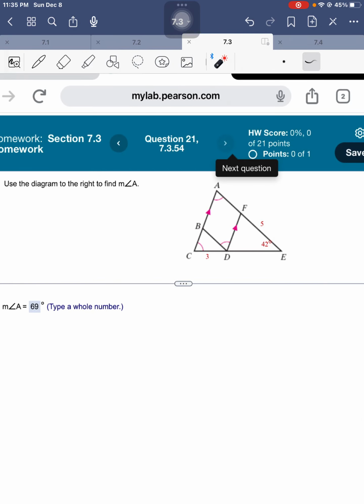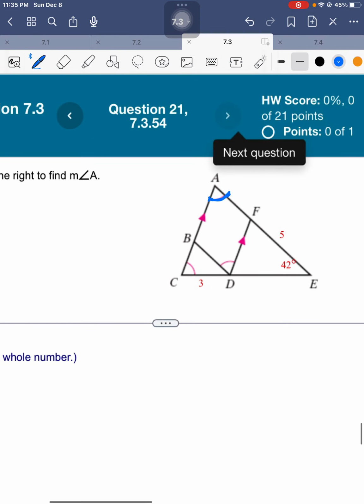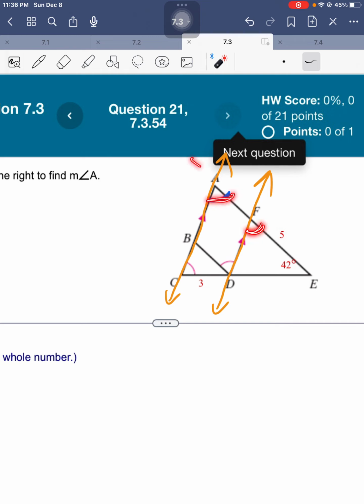Okay, what about here? They want me to find the measure of A. So it's probably going to be helpful to draw out your parallel lines. Let's see what I'm looking at.